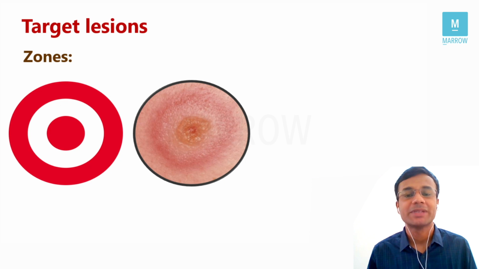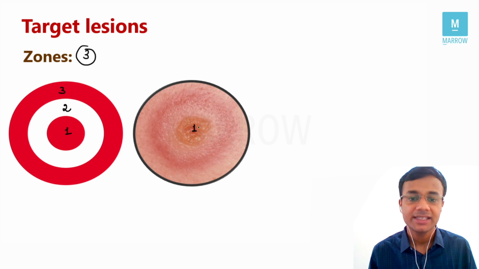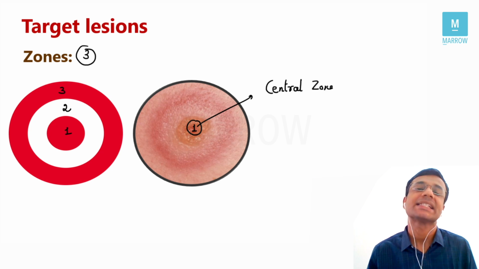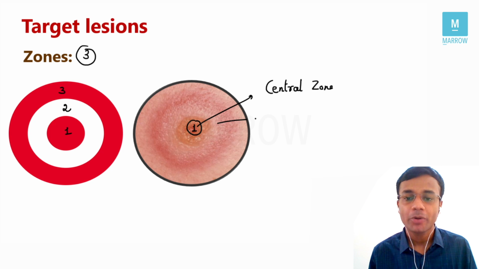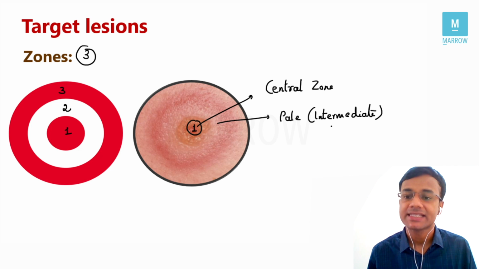Now, another option which was mentioned here is something to do with target. So target lesions are those lesions which have 3 zones in dermatology. So there is zone 1, zone 2 and zone 3. Zone 1 is the central zone. Point number 2 is you get a pale zone, which is the zone of intermediate nature, and this has edema.